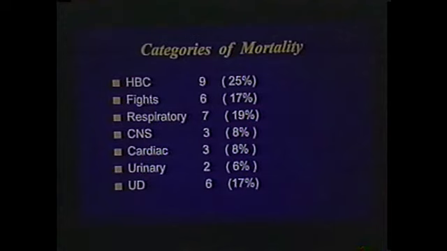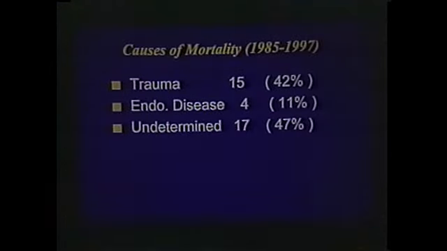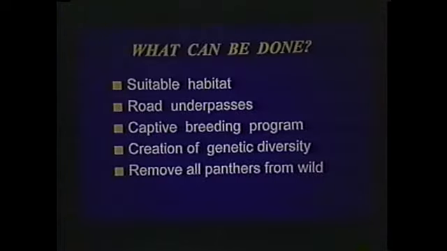A large percentage of categories of mortality remained undetermined due to the fact that some of these animals were simply too decomposed. Causes of mortality heavily centered around traumatic influences versus very few endogenous diseases, and again, half of the cases remained undetermined as to the precise cause of mortality.